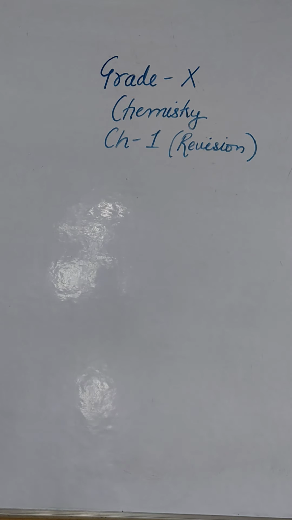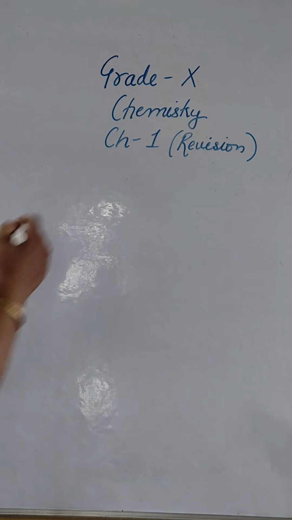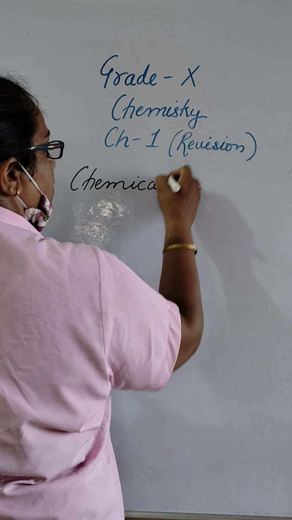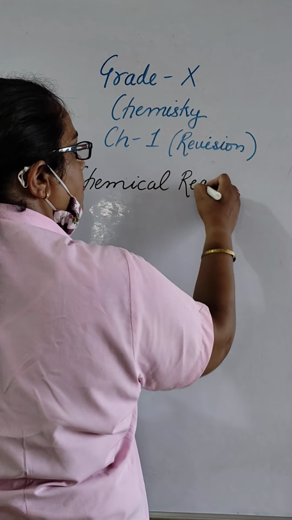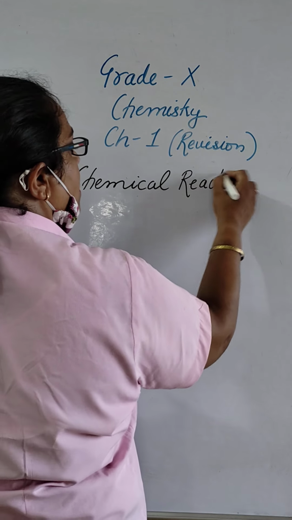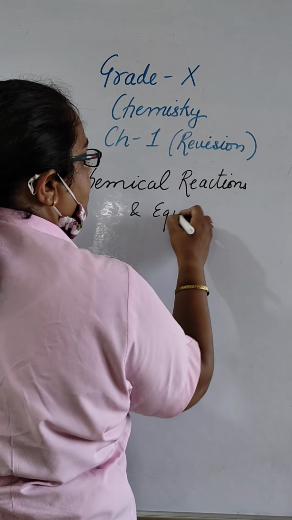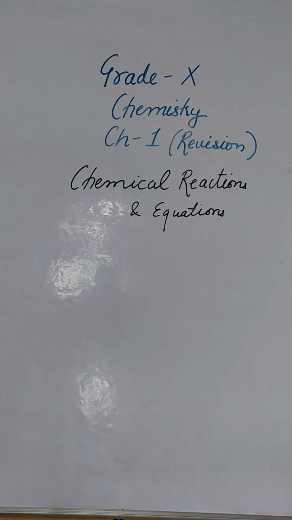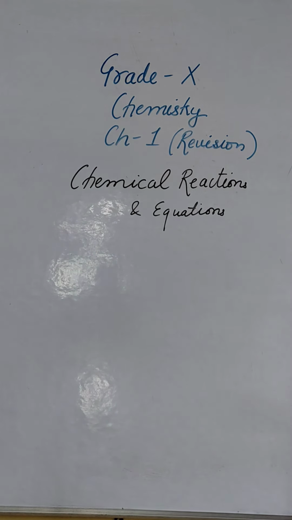So, in this class, we will revise the first chapter, that is chemical reactions and equations. Name of the chapter is chemical reactions and equations. First you should know what we mean by a chemical reaction.